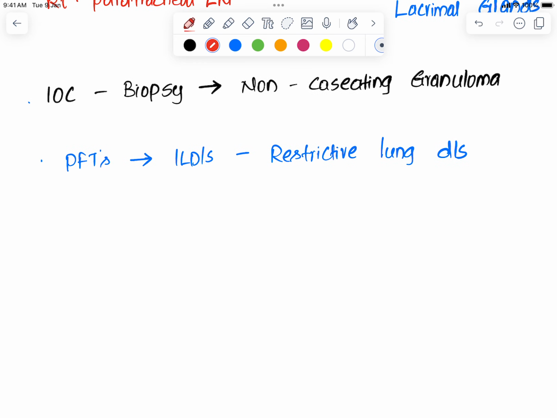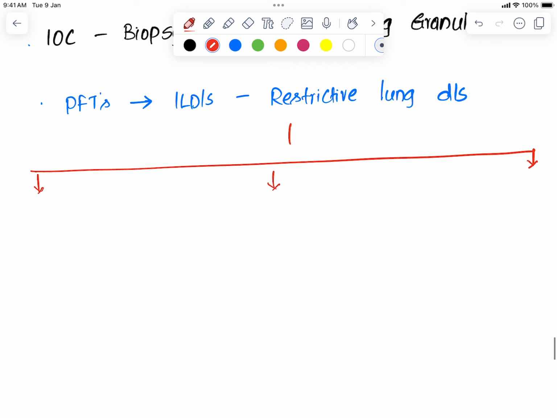Now, because it's a restrictive lung disease, if you take FEV1 by FVC it will be less than 70% and the DLCO will be reduced, that is diffusion capacity of the lung.